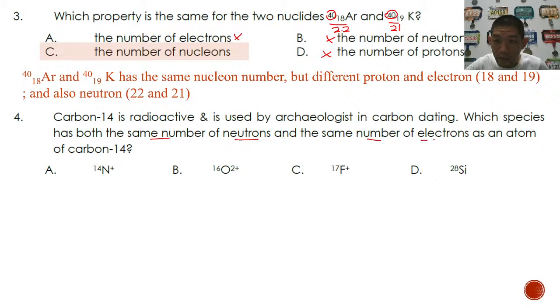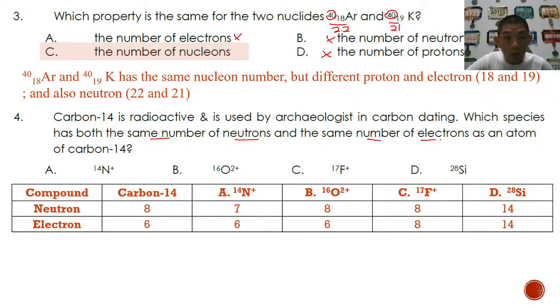You have to build the same table as we already did in questions 1 and 2. So let's have a look together at the tables that I've already made for you. Carbon-14, for information, is written as 14C6.